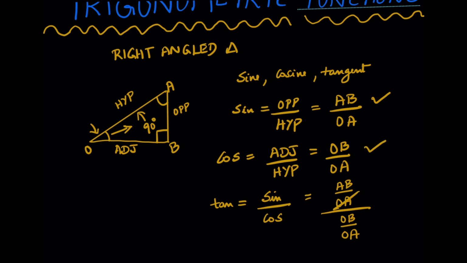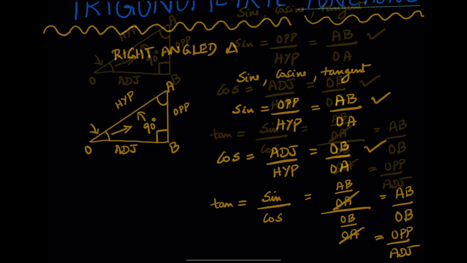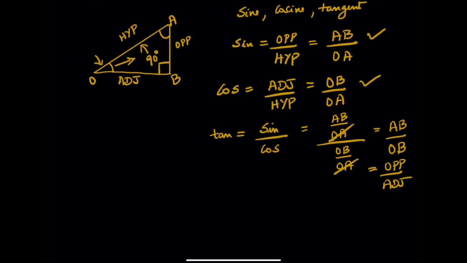Now we can cancel out the denominators OA, so it is nothing but AB by OB. That is nothing but opposite by adjacent. Now we know the definitions of sine, cosine, and tangent.